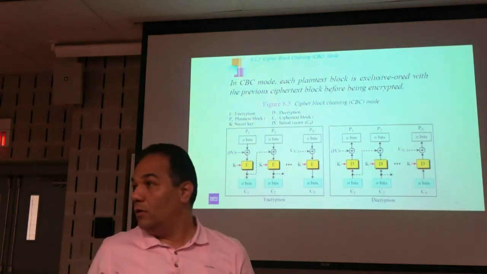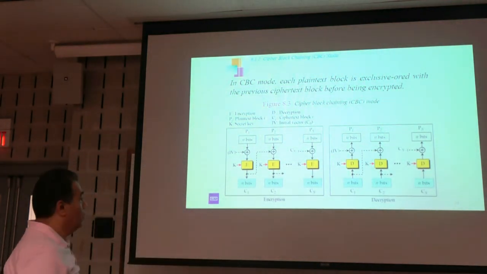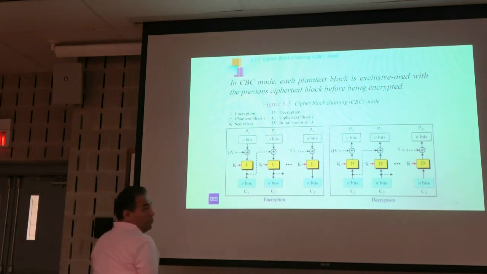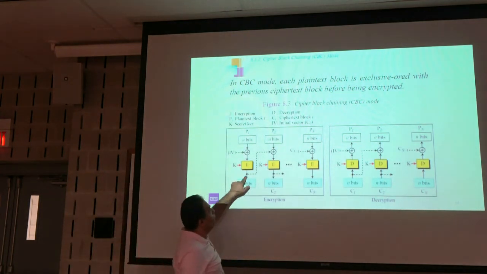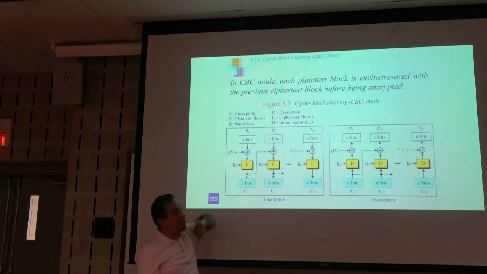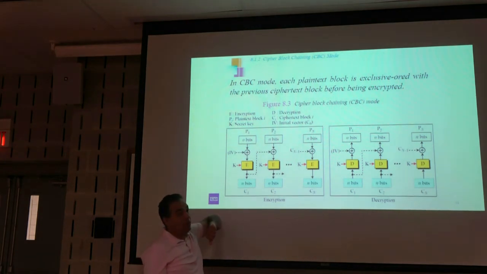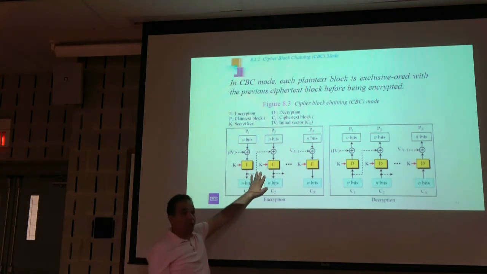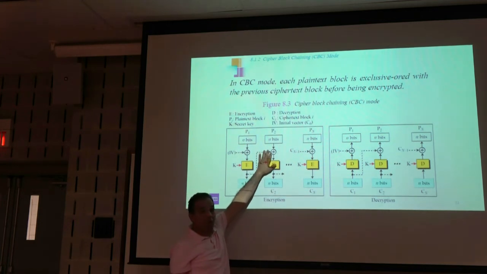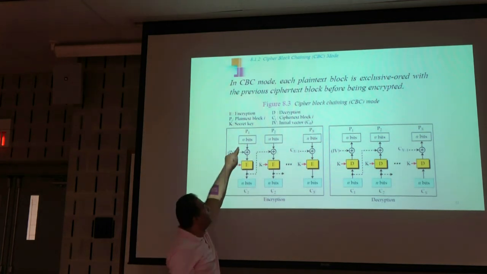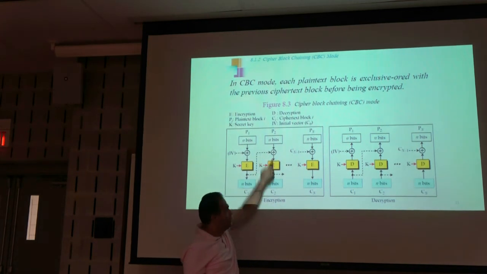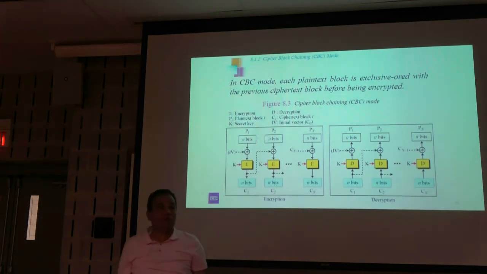It's going to be slower and there will be error propagation. But what's the advantage in here? Repetition. If you have repeated input, for example here I love Bridgewood, and here I love Bridgewood, the output will be completely different.